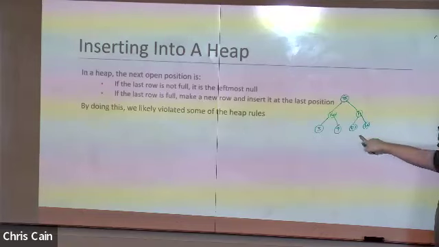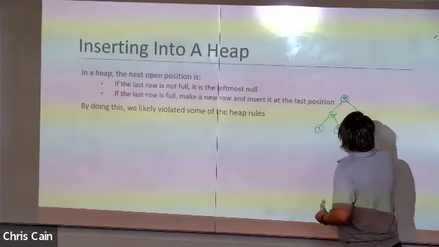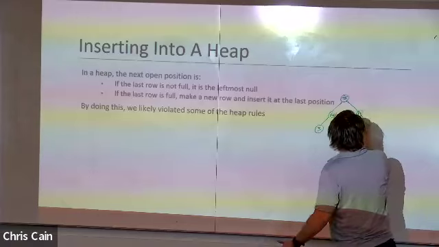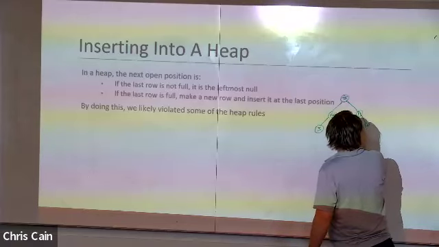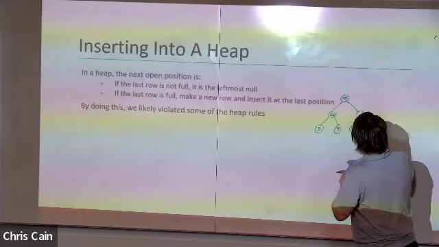Yes. It doesn't matter what this is, as long as we had a legal heap before we started. This is going to be bigger than that if this needs to swap with that. So that's the logic behind why this can happen. Let's just give this a value and say that this was 15. So now we swap the 60 and the 17.